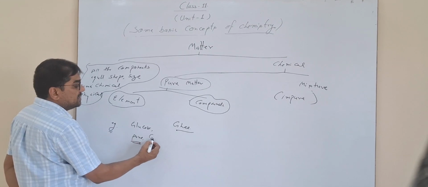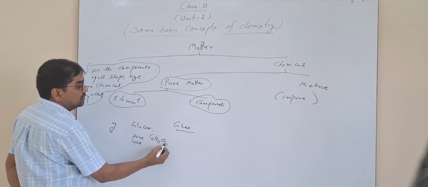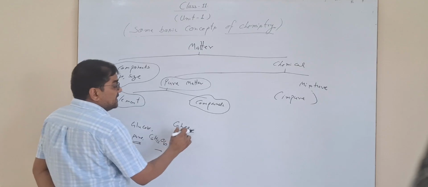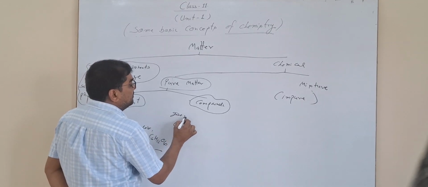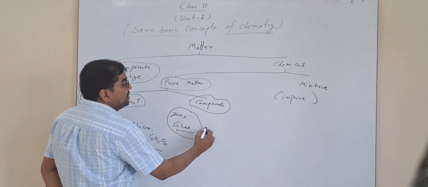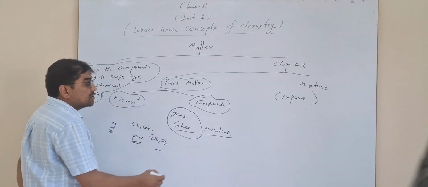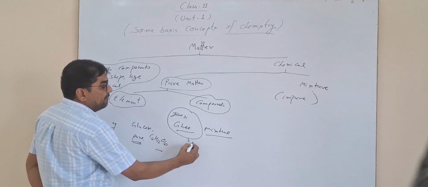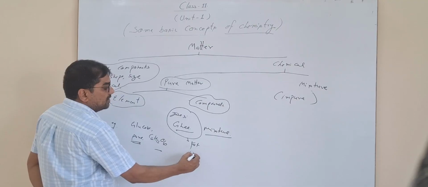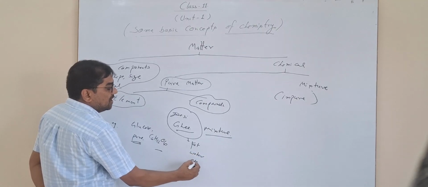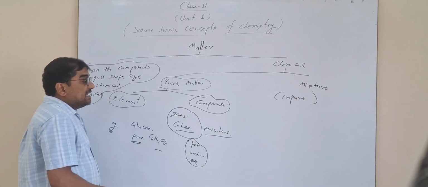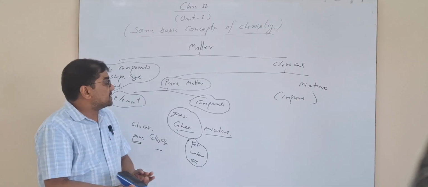Its formula is C6H12O6. But ghee, or desi ghee in other words, is a mixture, not a pure matter, because so many components, fat, water, etc., are mixed in indefinite proportions.